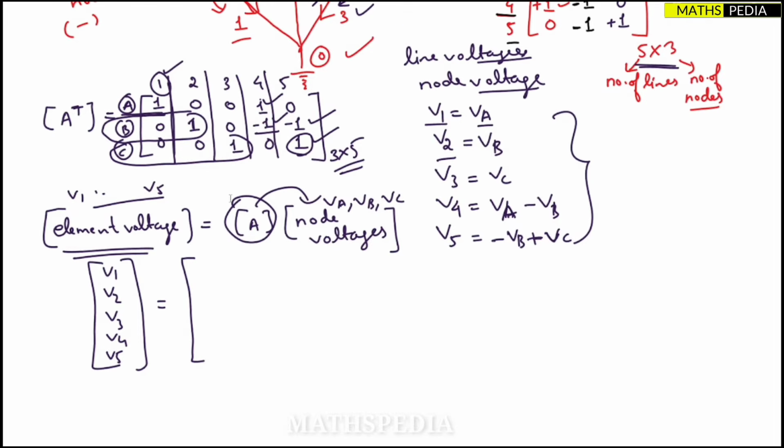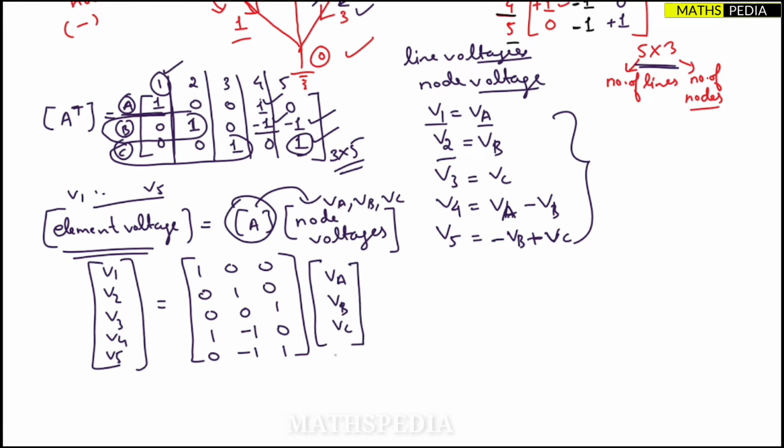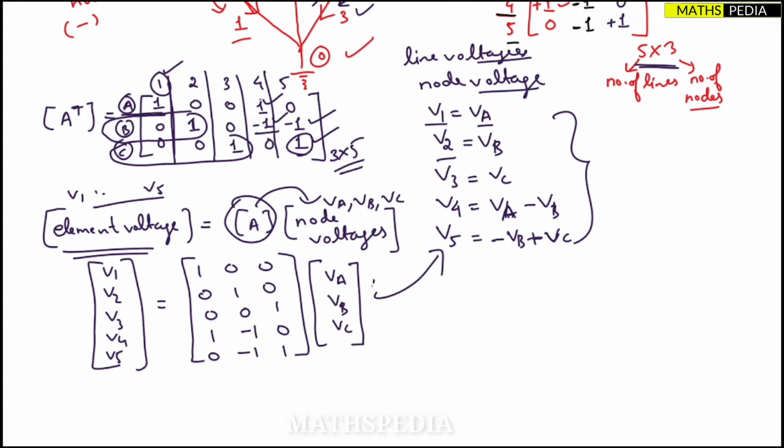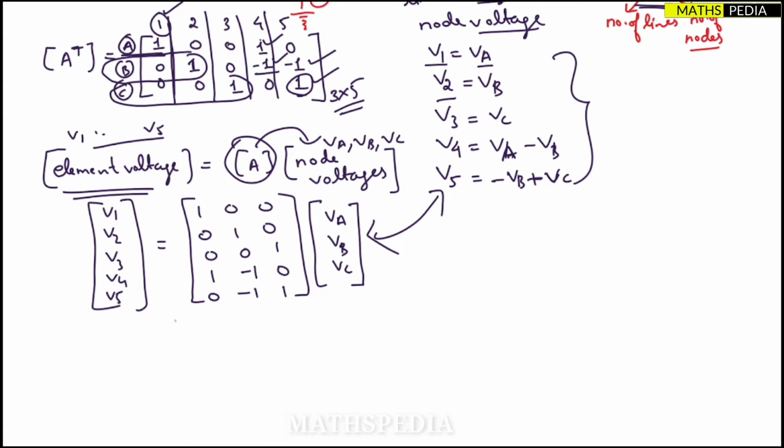Starting bus incidence matrix, that matrix, that is 1 0 0 0 1 0 0 0 1 1 minus 1 0 0 minus 1 1, into the node voltages or the bus voltages VA, VB, VC. Okay, so this is nothing but what we wrote here. This part, if you see, is what I wrote here, the relation. From this only we are getting it. So if you multiply this matrix, you will get the same relations.